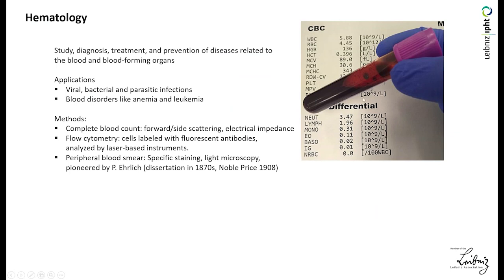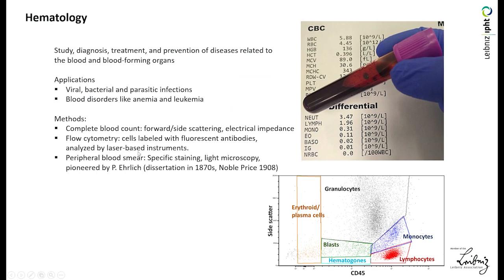blood count. That means the differential fraction of neutrophils, lymphocytes, monocytes, eosinophil granulocytes, and basophilic granulocytes. Flow cytometry can also be combined with fluorescence antibodies.